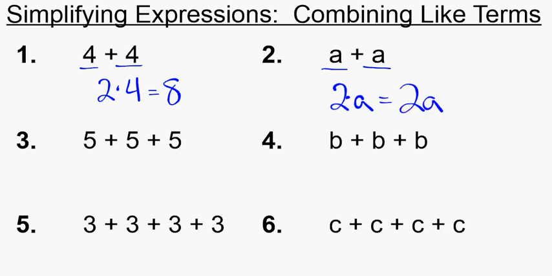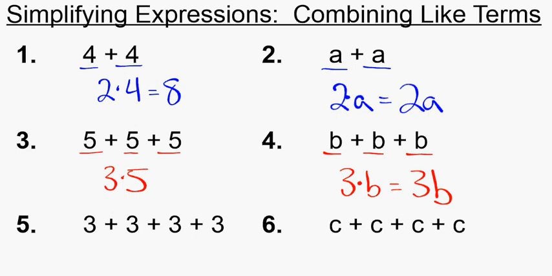You don't have to put the times sign in between them. No times sign is needed between the 2 and the A. So if you were to add 5 3 different times, that would be the same as 3 times 5. So if you add a letter like B, your variable 3 times, that's the exact same thing as 3 times B, which we just write as 3B.